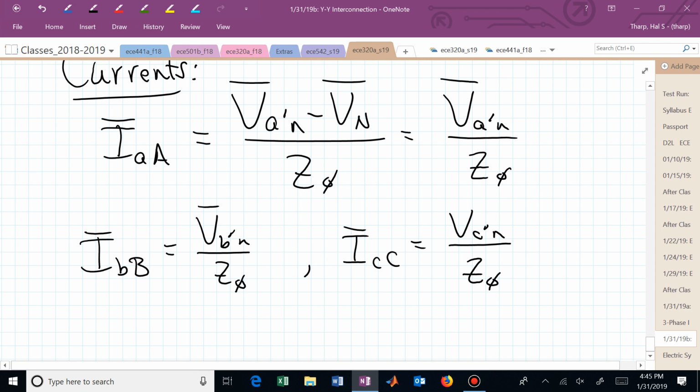These currents now form a balanced set, and that now allows us to look at a single phase, and if we can solve for voltages and currents in that single phase, we could then provide information about the other two phases, because we know they're 120 degrees from the one that we just found. We'll pick up at that point the next time we're together.